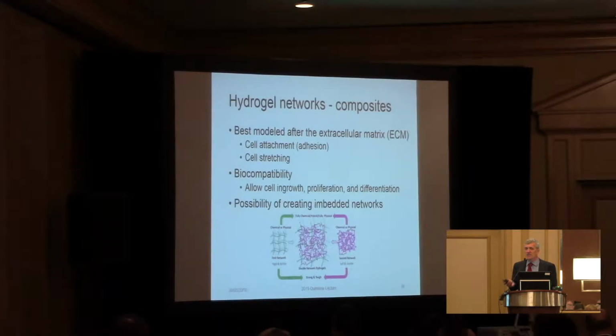You can make these materials in composite forms. You can add fibers, you can add particles, and you can also do a dual network where you can have a pretty coarse, broad network that has a certain role, for example, to maintain the structure and maintain the toughness of the organ, and embed a secondary network that is finer grained to promote cell migration, for example, or to have a role at a smaller scale on smaller aspects of the implant.